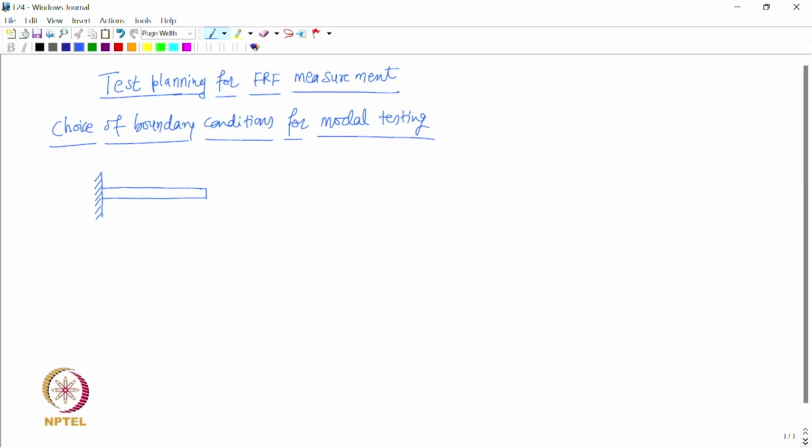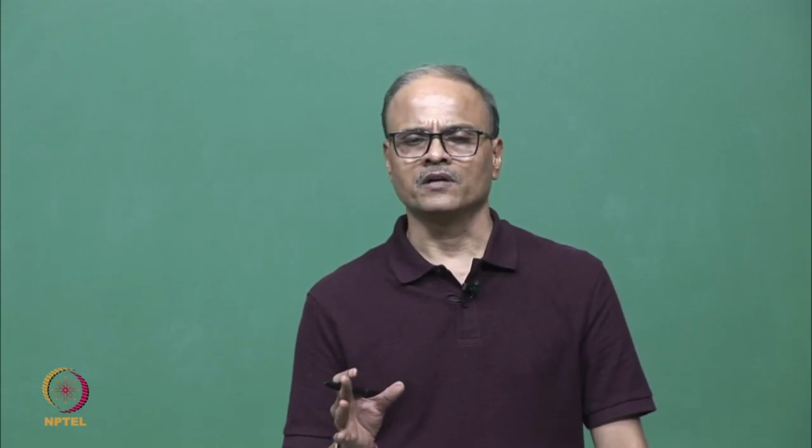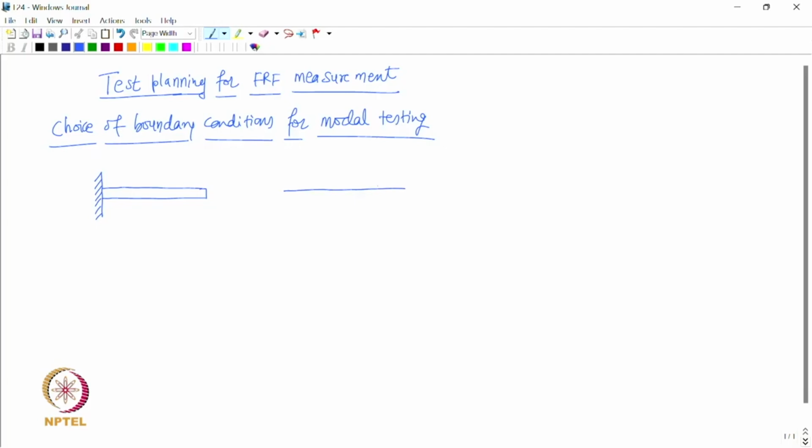But if this same beam with the same geometry and material is supported on simple supports, then the natural frequencies of the system become different; the natural frequency of the beam changes.